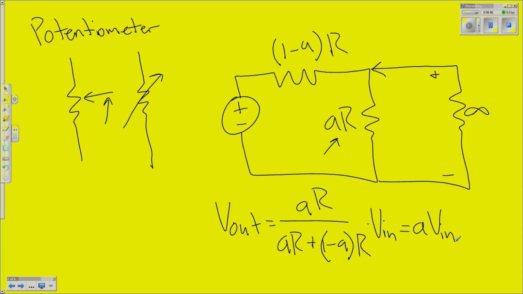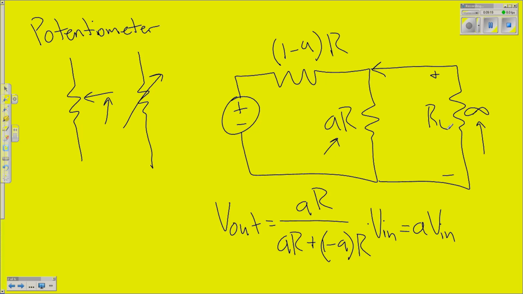One thing to note is this infinite resistance. We don't have a real infinite resistance. We can get really, really high resistances, but the important thing is relative. So in the notes, there's a graph comparing that infinite resistance, call it RL, the resistance of the load, to the resistance in the potentiometer.